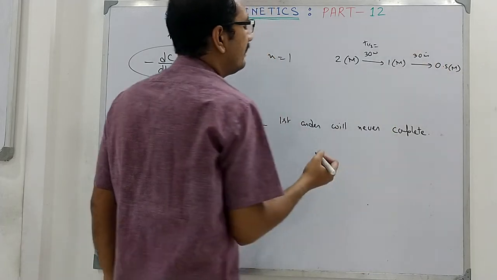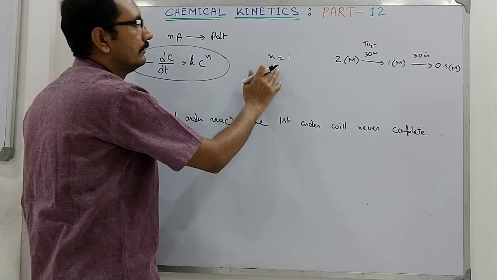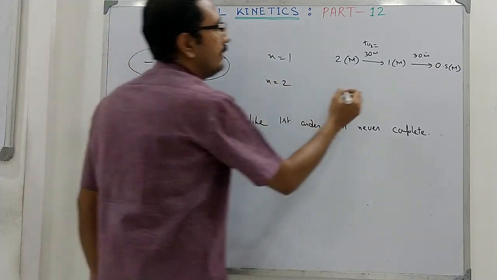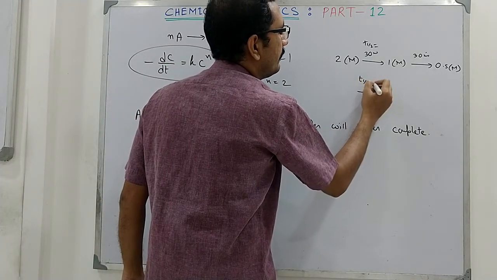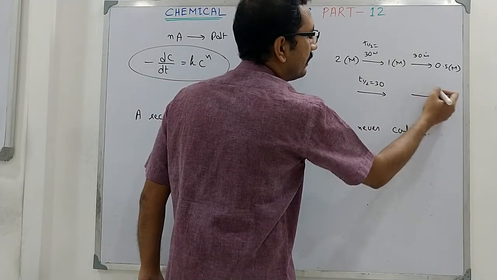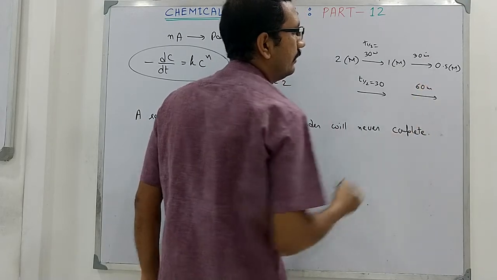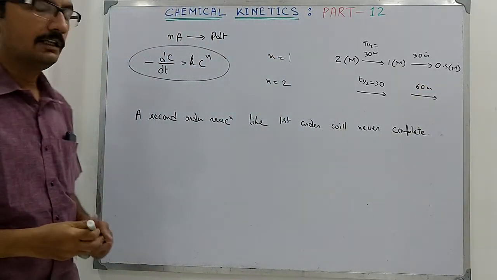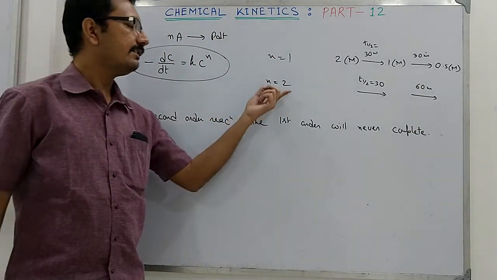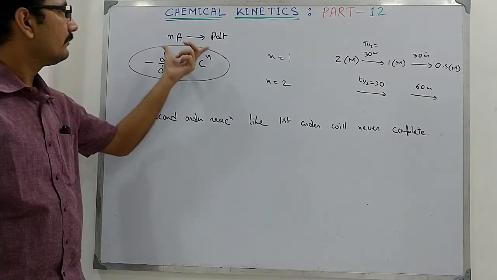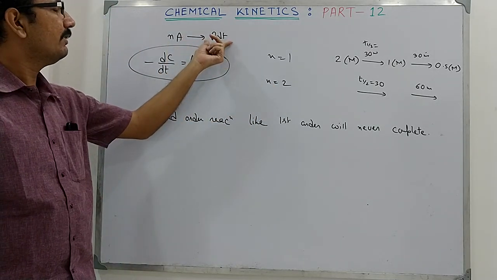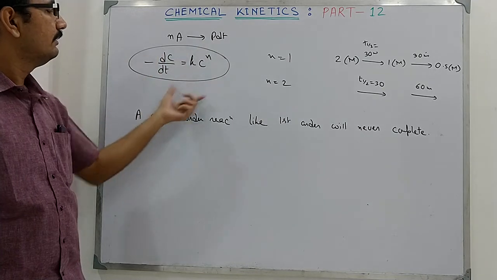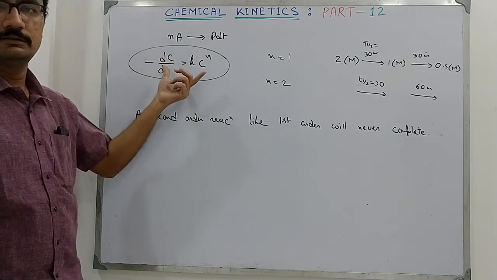So it is a result of our understanding for a first order reaction. Now for a second order reaction, if the half-life is 30 minutes, then for the second case it will be 60 minutes. This is also a result of understanding. Now this understanding will get disturbed when a lot of products are formed and interfere.